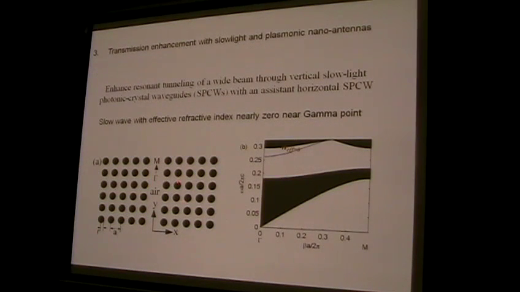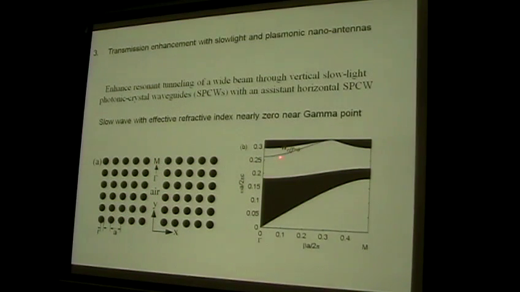Because it's a band gap, the light can go into this region. For this specific case, we studied slow light. And you see here at this region, the effective index is nearly zero, so the phase velocity is such that the phase is virtually the same everywhere.